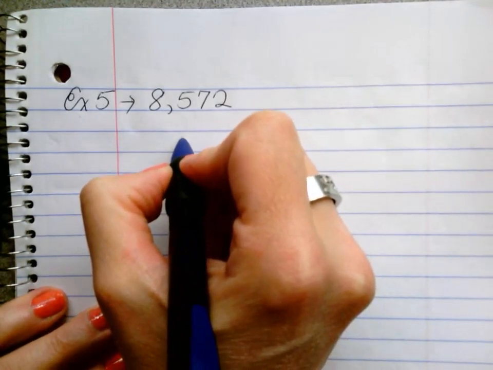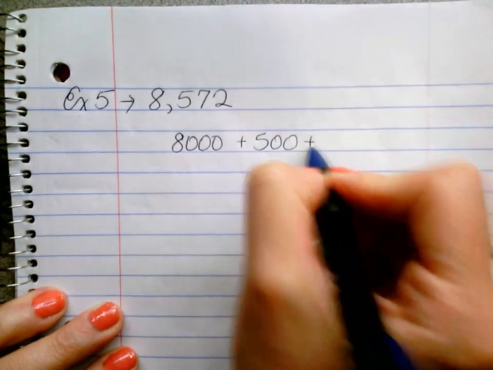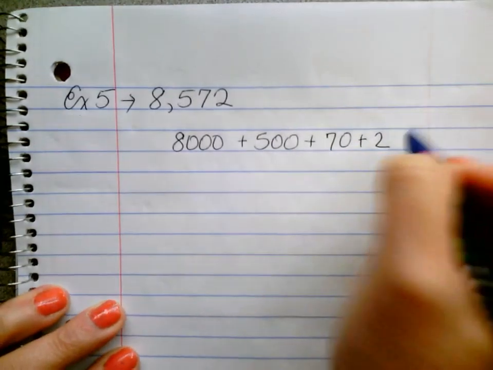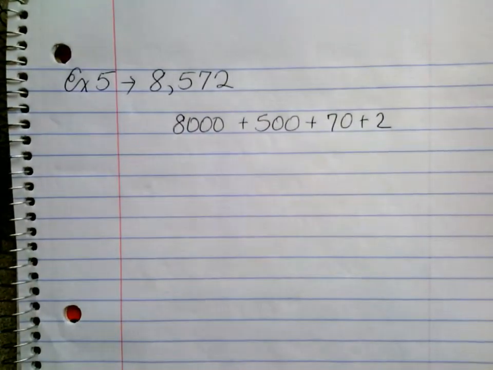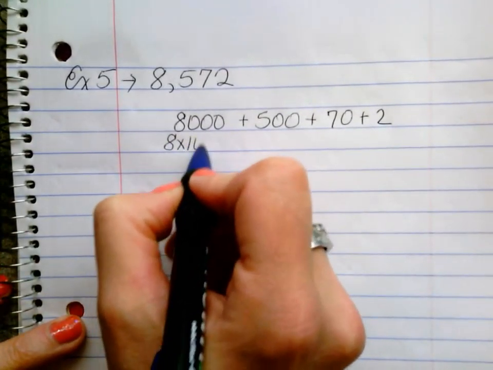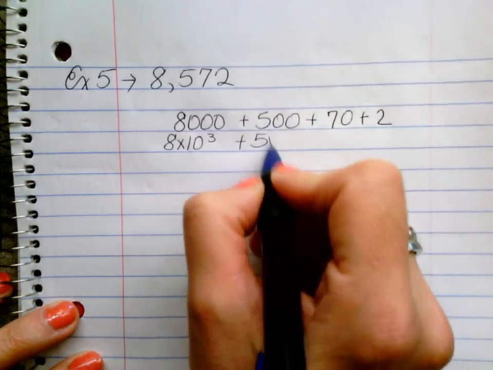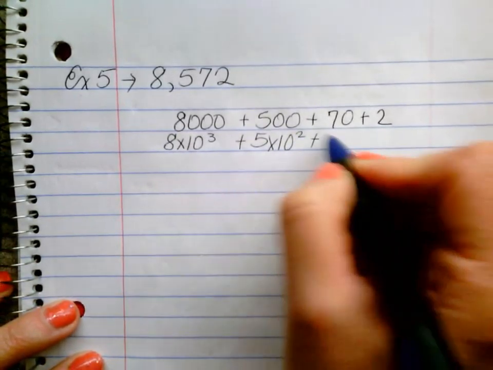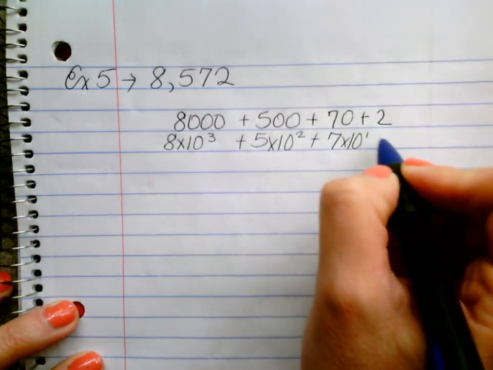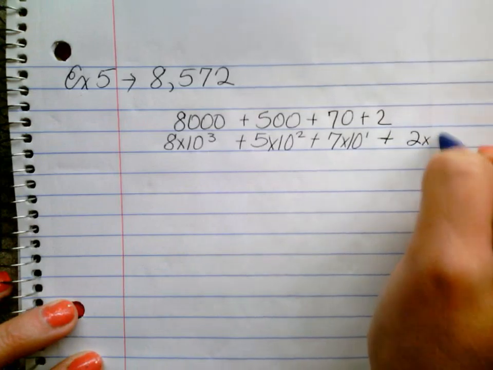But if I want to write 8,000 third grade style real quick. If I want to take this and break it up into expanded notation using powers of 10, that is like taking this and saying 8 times 10 to the third, added to 5 times 10 to the second, added to 7 times 10 to the first, added to 2 times 10 to the 0.